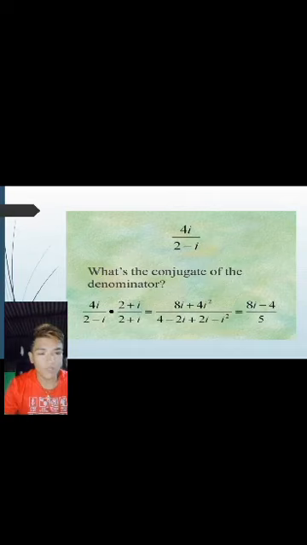Then the lower part is 4 minus 2i plus 2i minus i to the power of 2. Since negative 2i plus 2i cancel, the remaining value is 4 minus i to the power of 2. The value of i to the power of 2 is negative 1, so 4 minus the quantity of negative 1 is equal to 5.